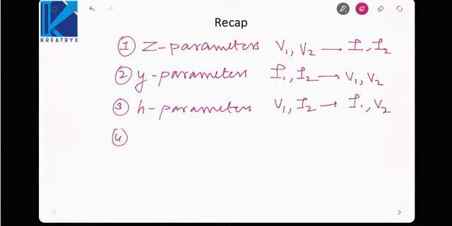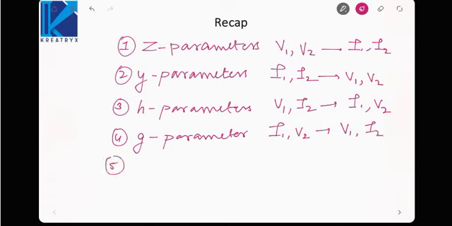Similar to Y parameters, there were inverse H parameters known as inverse hybrid parameters, represented as G. They related I1, V2 to V1, I2. And the last that we saw were transmission parameters, also known as ABCD parameters, which are mostly used in transmission lines. They related V1, I1 to V2 and I2.